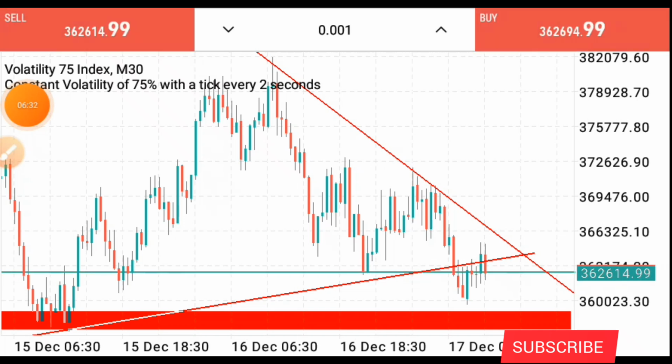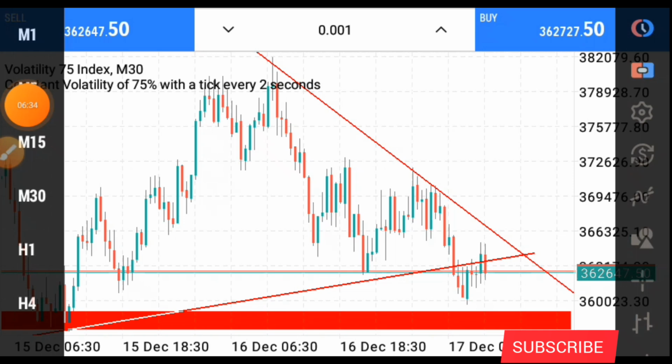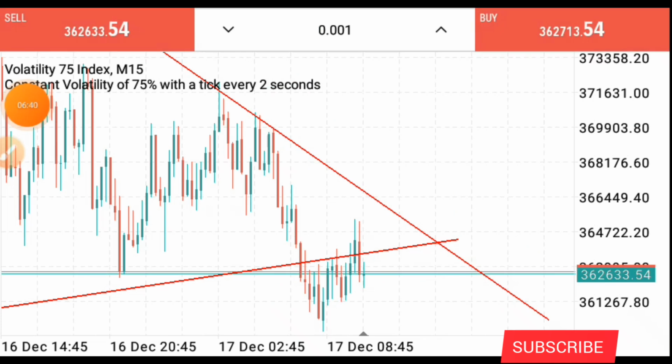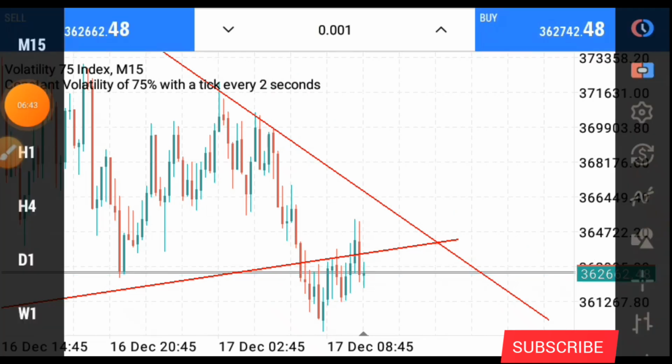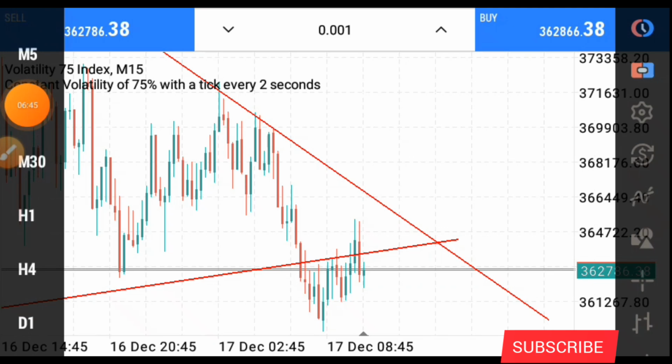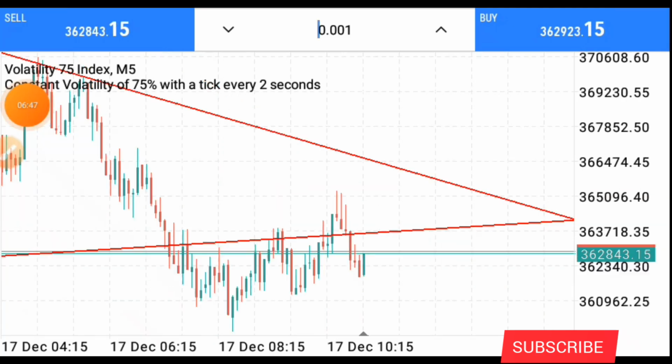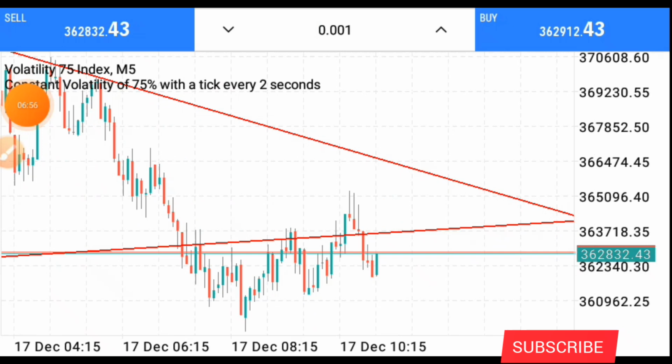All factors are pointing down. So let's check the 15-minute time frame and see what's going on there, right? So here on the 15-minute time frame, everything is still going well. Let's check the 5-minute time frame. All right, so now you can see how everything is playing well with our analysis, right?